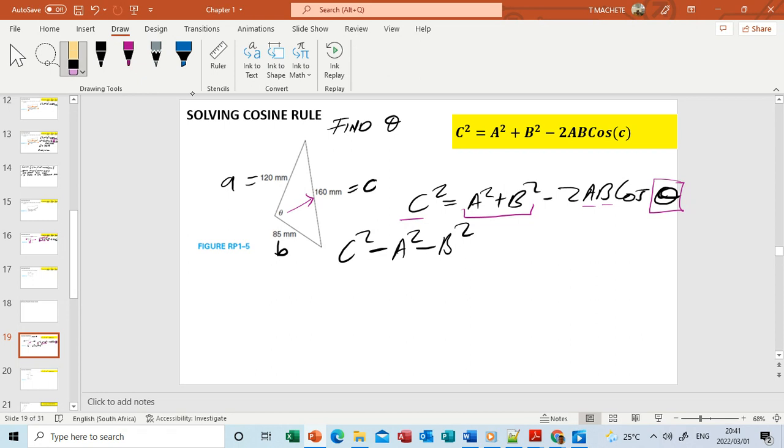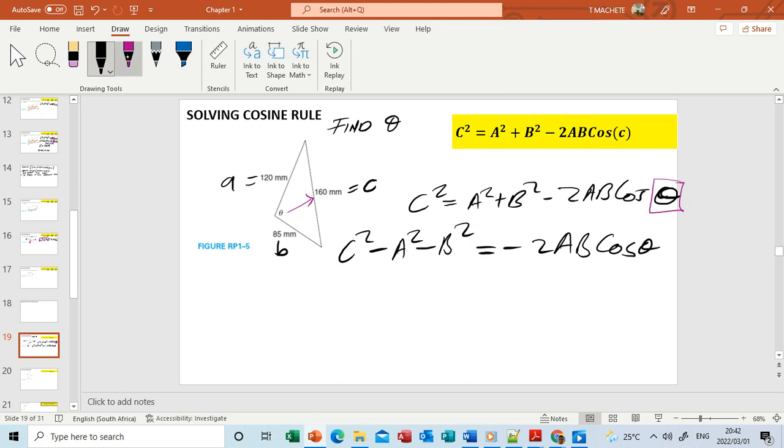You cannot take this coefficient to the other side on its own, because it's multiplied with cos, so you have to divide with that. It's a product, so you cannot transpose it. So you're going to have minus 2ab cos theta.